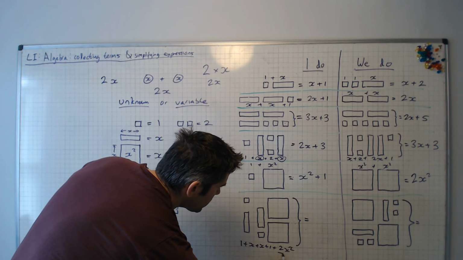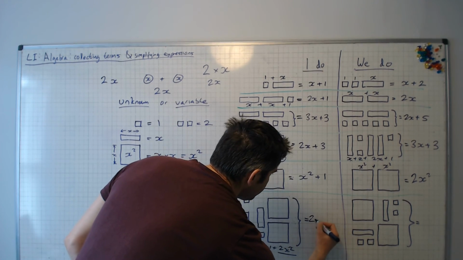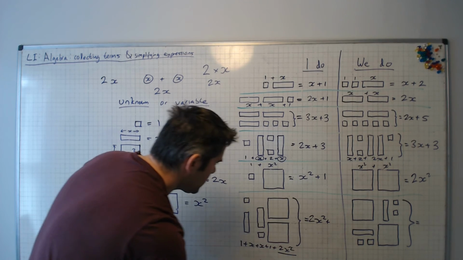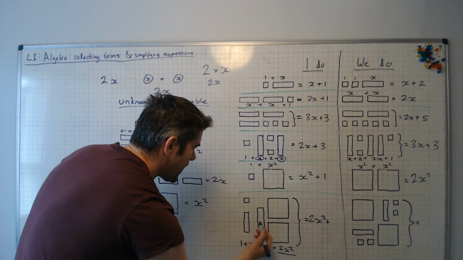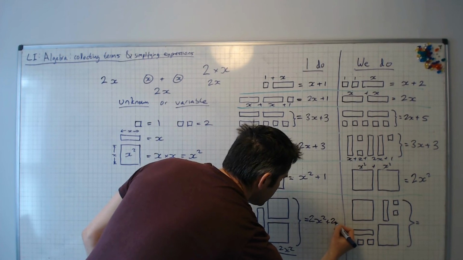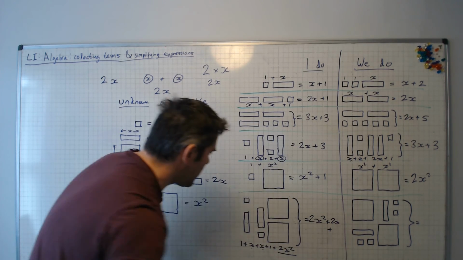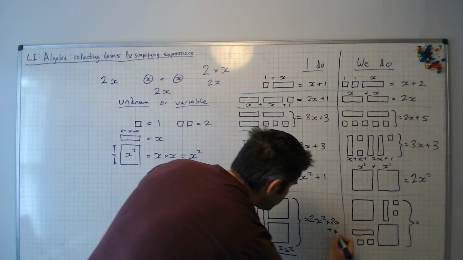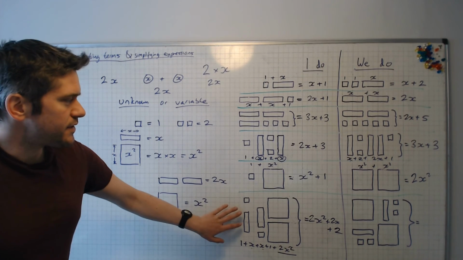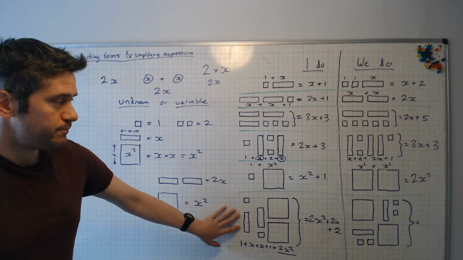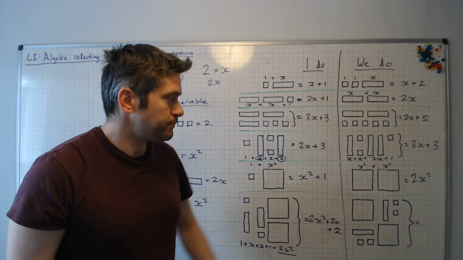So in total, I've got 2x squared plus 2x plus, run out of space there, 1, 2. So we would say this is 2x squared plus 2x plus 2. Have a go at the last one.